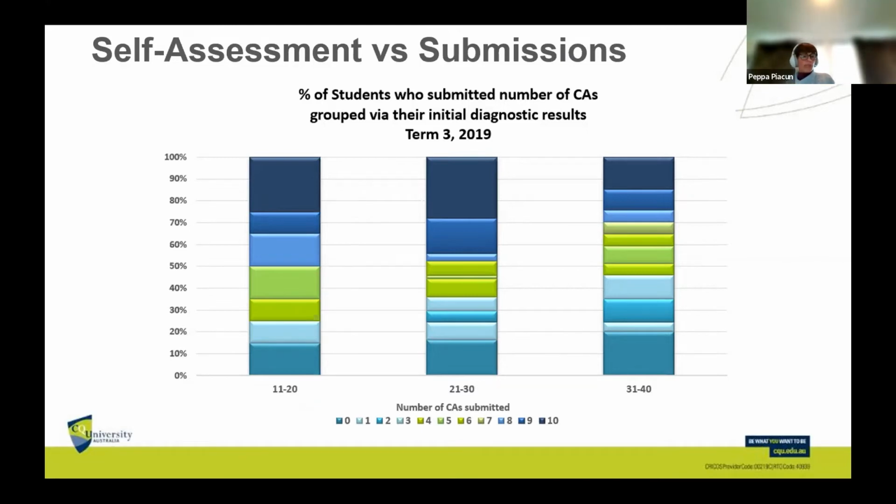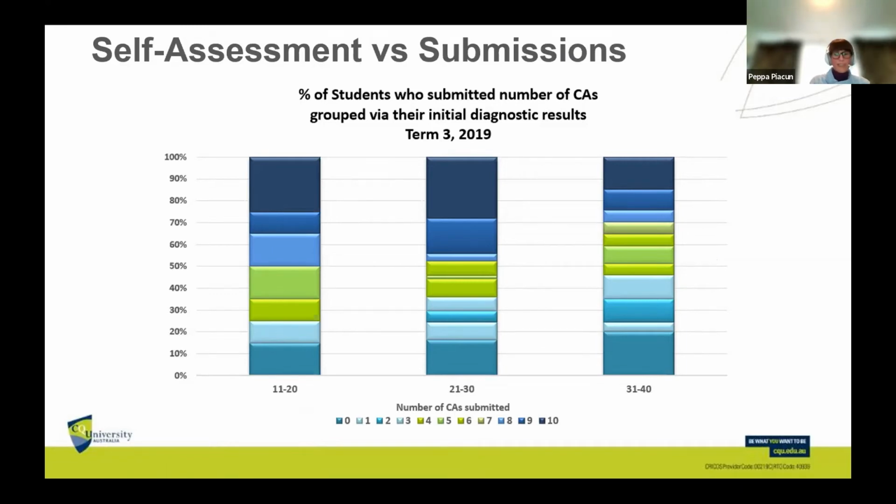So if we look at the trend here, just focusing on the green to dark blue sections of each graph, we can see that this represents a submission of 4 or more CAs throughout the term. And we can see that the number of submitted CAs reduces as the students' initial diagnostic testing results increase.